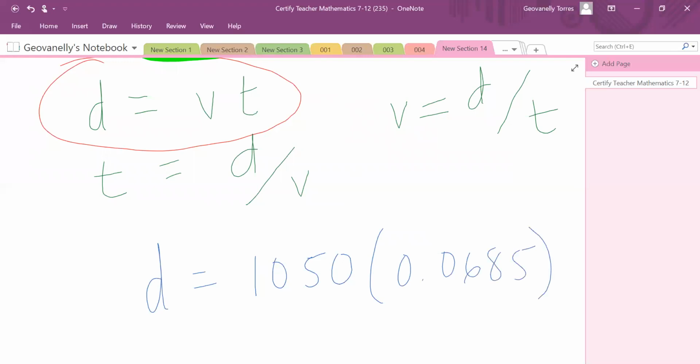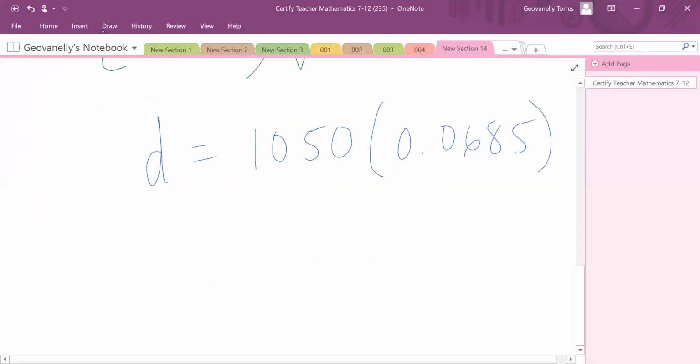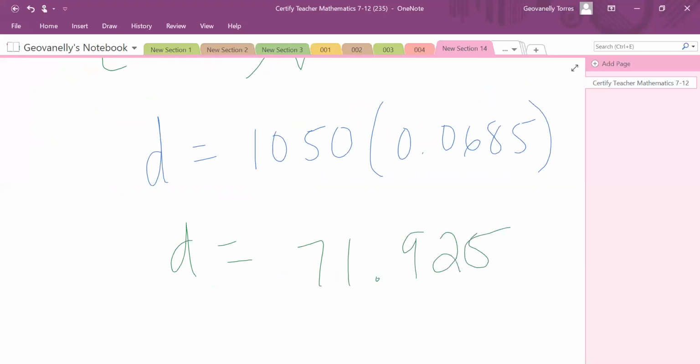So once we multiply this, we get the answer of d equals 71.925 miles. And that is the amount of how many miles it would take for the two planes to be directly below each other.